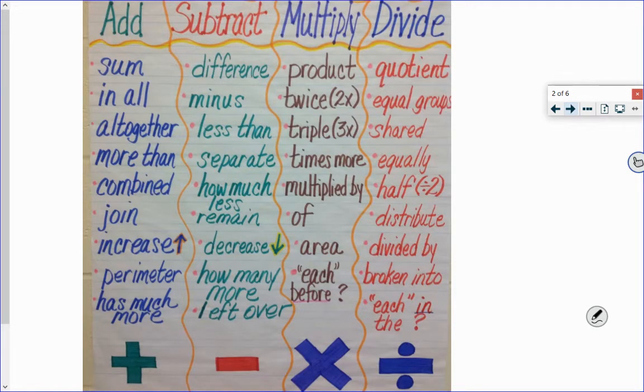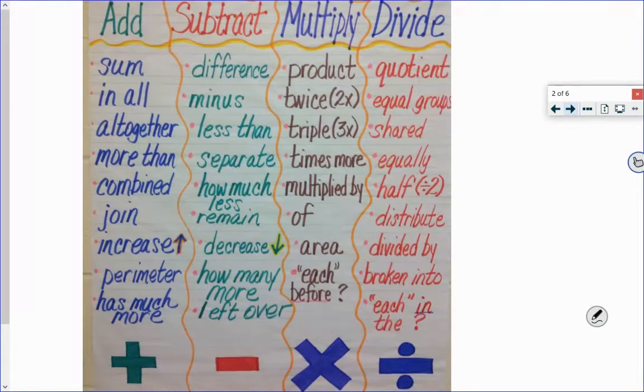But they are helpful to know, and I would like you to study these and try to remember some of them. Because on an SOL test, for example, you won't have a nice list like this that shows you what a word means to add, or subtract, or multiply or divide. You're just not going to have that.